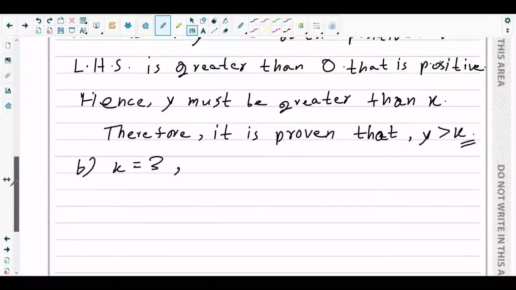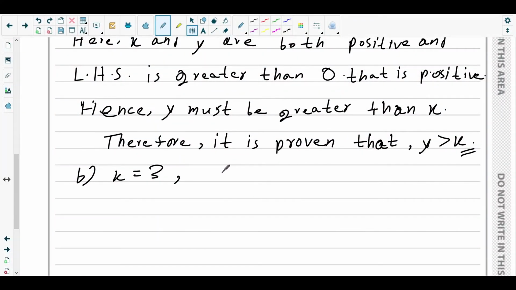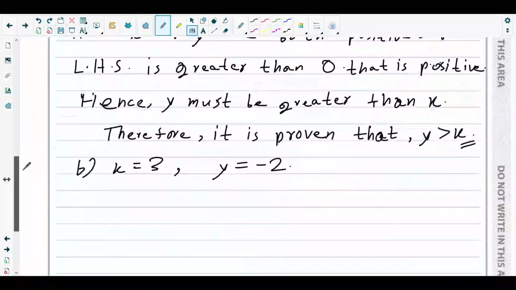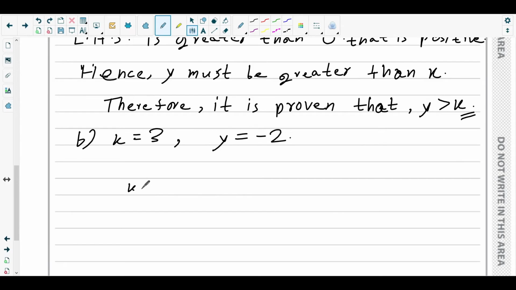So x is 3, and y equals -2, let's say. Now consider the inequality. (x - y) whole cube is basically (3 + 2) whole cube. This is giving 125.